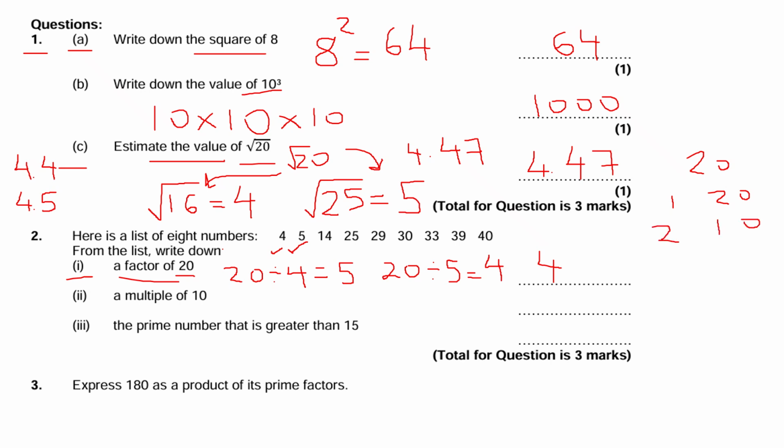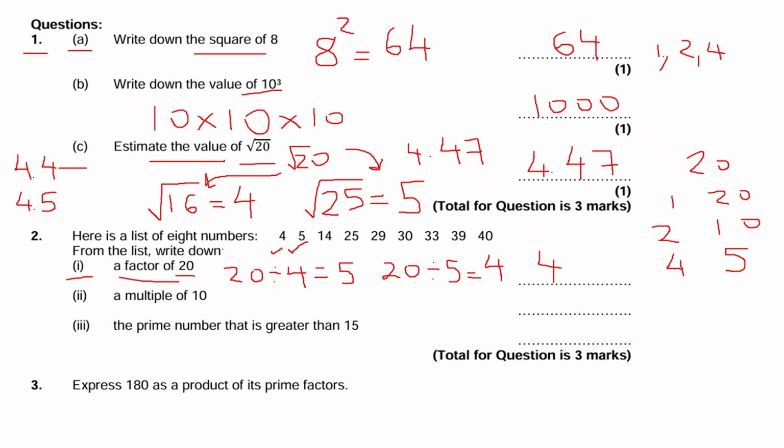So these 6 numbers are all factors of 20, because they all go into 20 fully or cleanly without a remainder. So that's key here, without a remainder. So 1 goes into 20 20 times, 20 goes into 20 once, 2 goes into 20 10 times, and vice versa. 10 goes into 20 twice. So the factors of 20, if you're wondering, are 1, 2, 4, 5, 10, and 20.